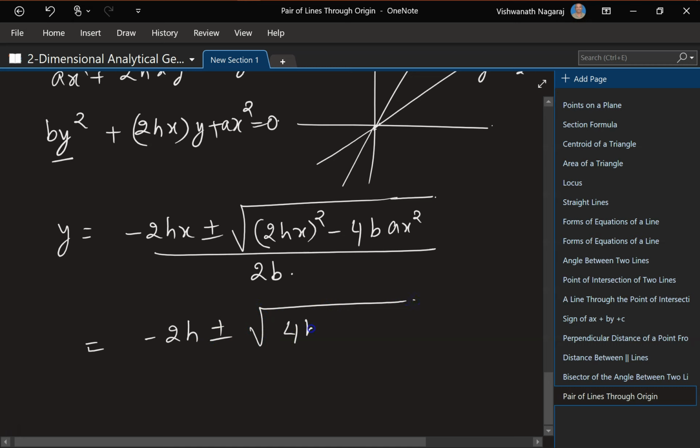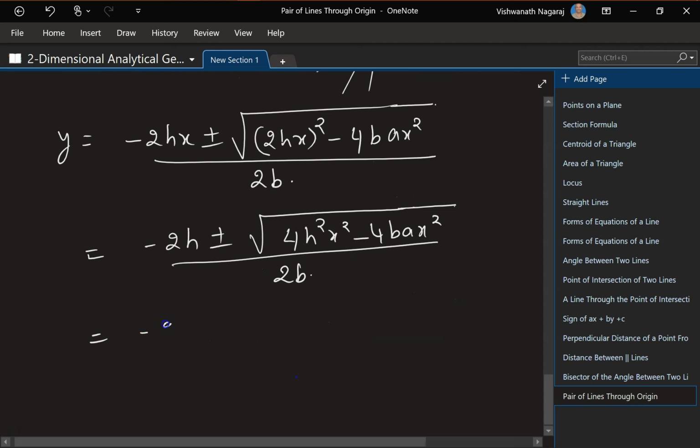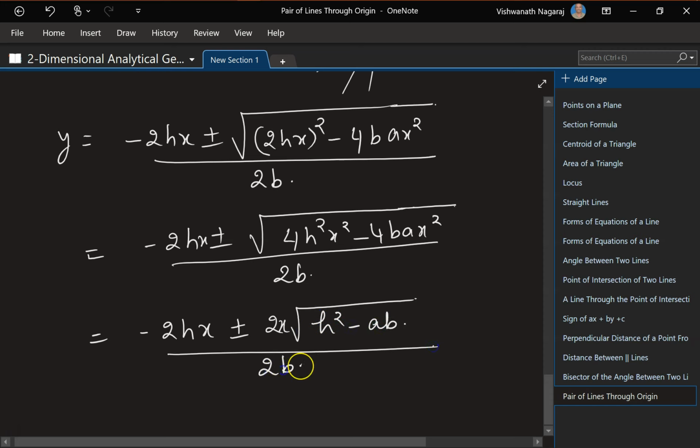Let's say this is 4h square x square minus 4ba x square, by 2b. Now minus 2hx plus or minus, 4 is common, so let's take 4 out. So if we take it out, it becomes 2 square root of that, and x square is common, so x can be taken out, so we are left with h square minus ab, divided by 2b.